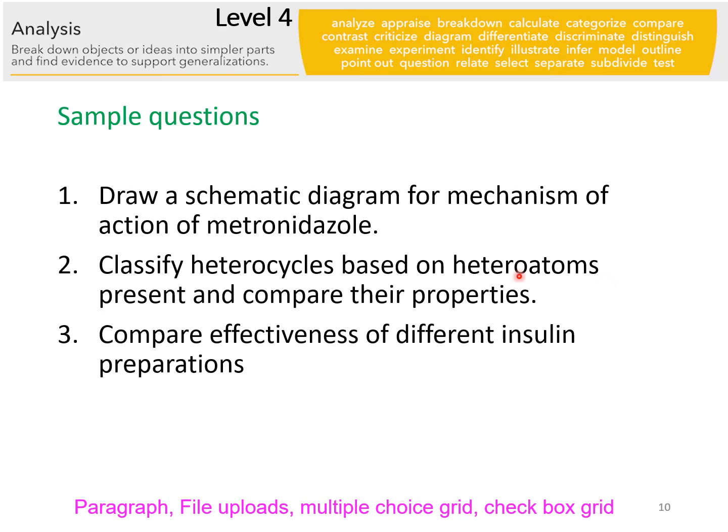Or if they are learning different preparations of insulin, say it is a suspension, injection, so are they able to compare the effectiveness of this preparation? So for seeing the effectiveness, they should first understand what is that formulation.